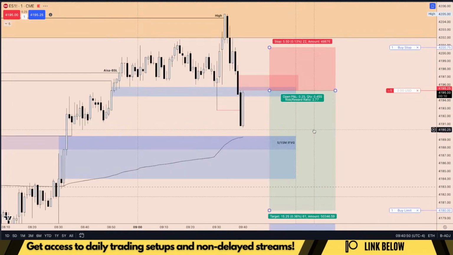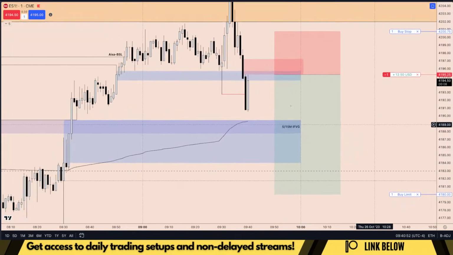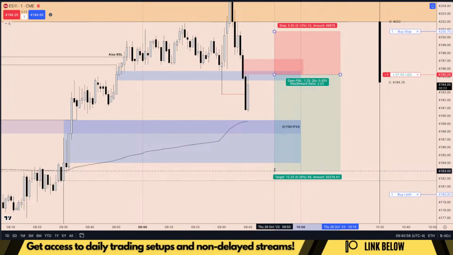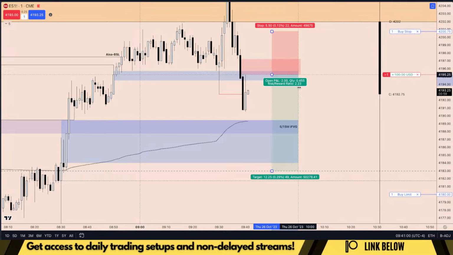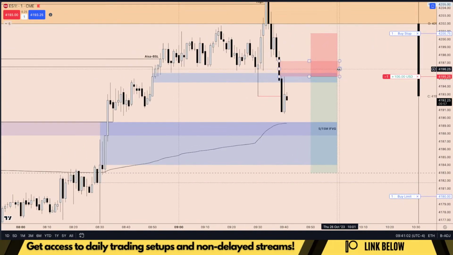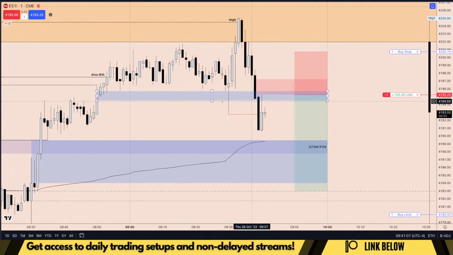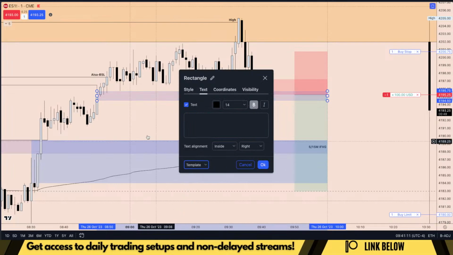Order filled, order filled. Alright, we are tagged in to the tick here. Target to midnight. We hit the 5-minute inversion fair value gap now as well, because we closed below it.